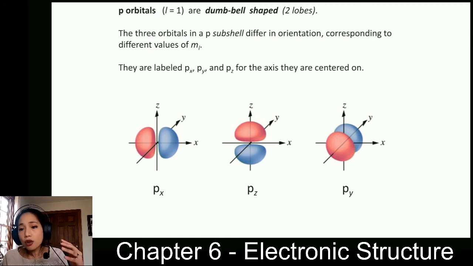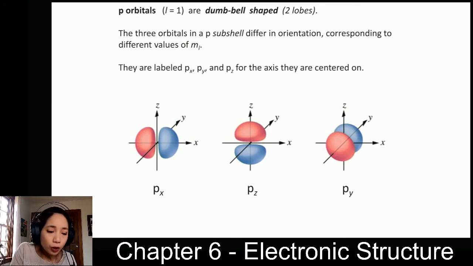These are directional. So the three different orbitals, or ml values, within our p subshell can have different orientations. For l equals 1, ml can equal -1, 0, or +1.